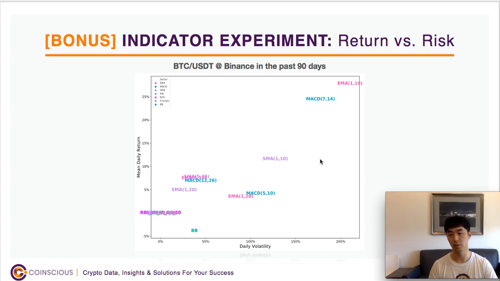Here, if we follow some of the open-close rules based on each indicator, here is the list where each indicator lies on a return versus volatility plot. For example, this is for BTC USDT at Binance for the last 90 days.